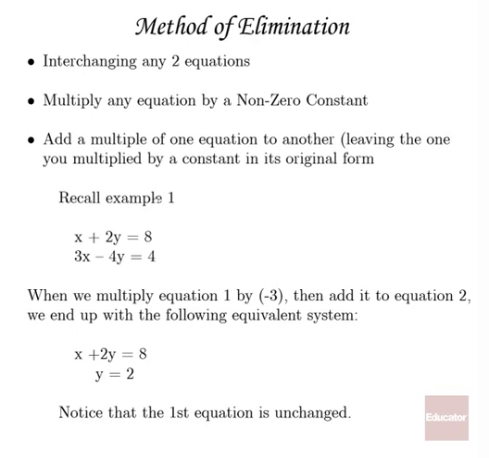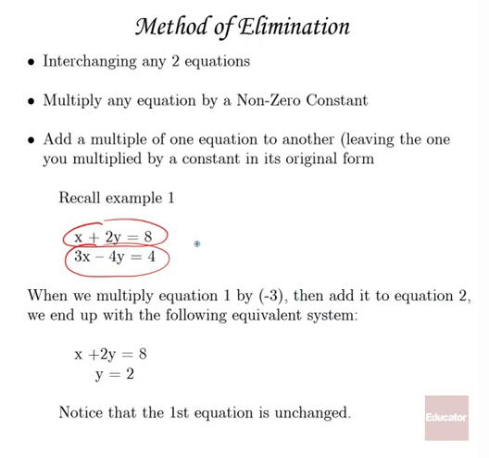So recall, we had x plus 2y equals 8, 3x minus 4y equals 4. When we multiplied the first equation by -3, then added it to equation 2, we ended up with the following equivalent system.